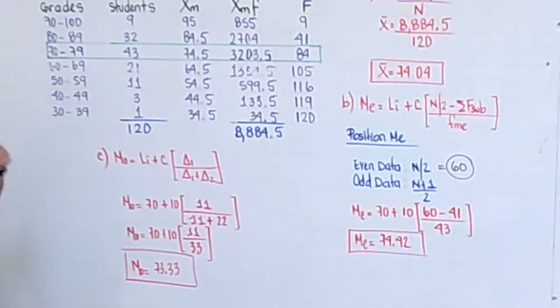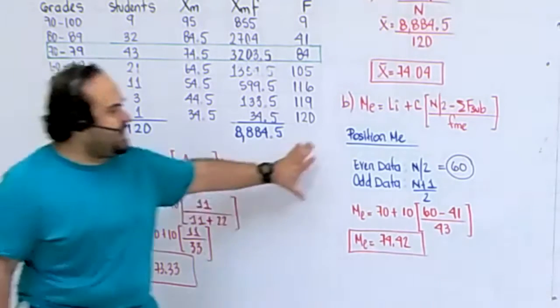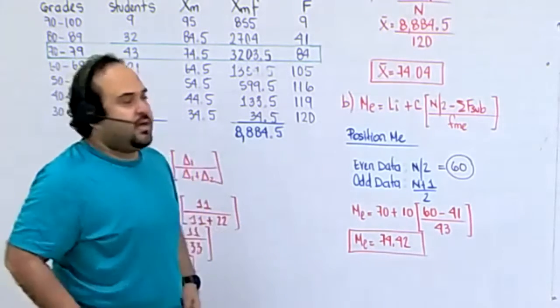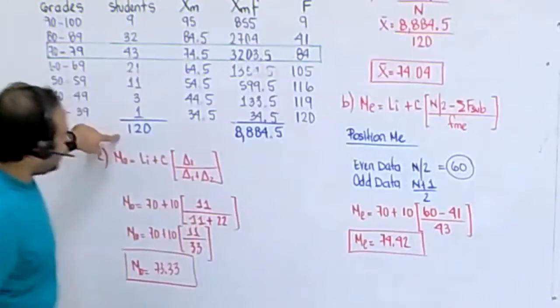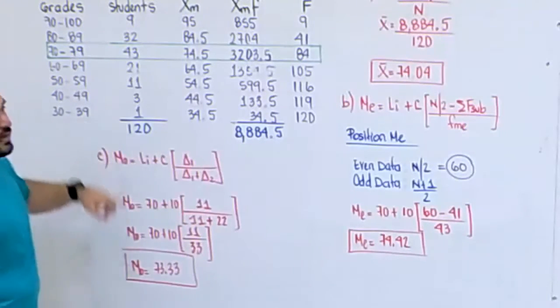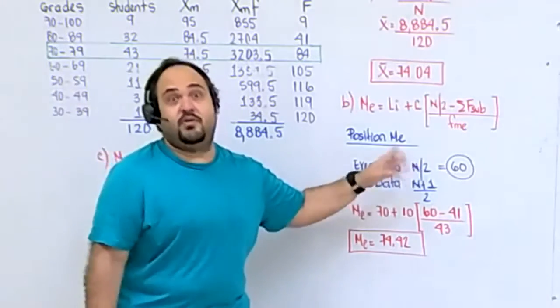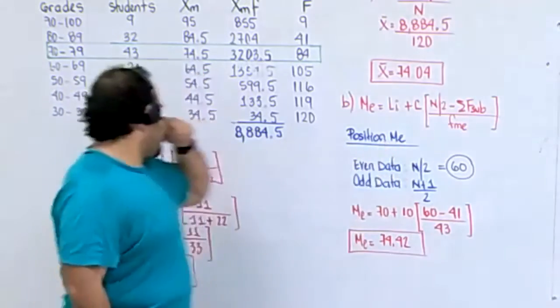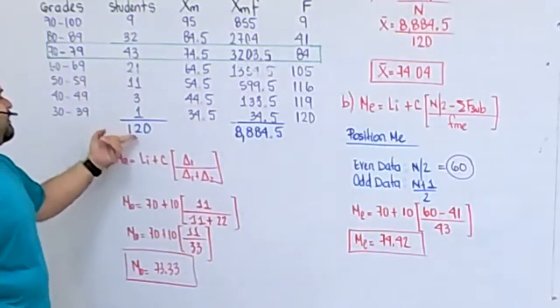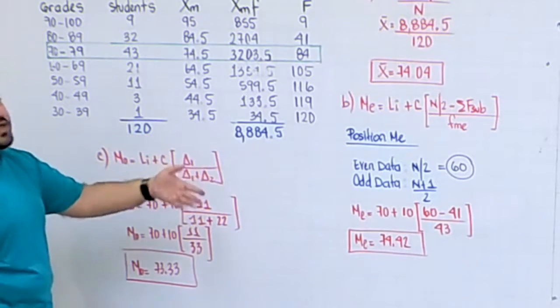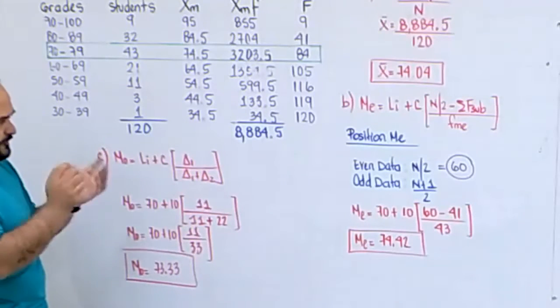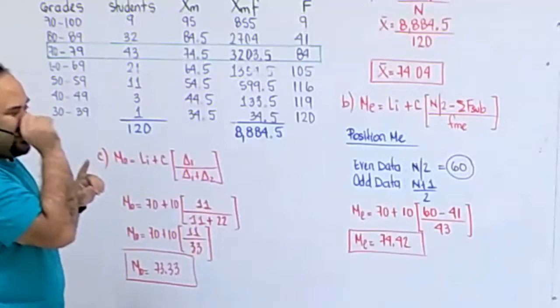So for example, in the median, once again, we have to determine the position. If the quantity of data is an even number, the only thing we have to do is divide it by 2. But that is the position, not the answer. And in case the data is odd, we have to add 1 and divide it by 2. Okay, that position is simple.